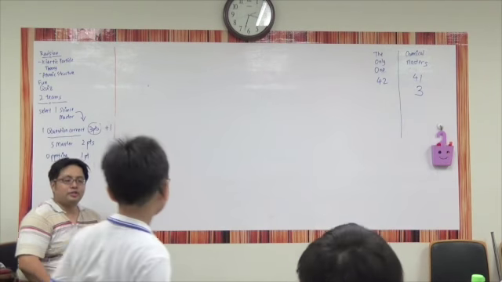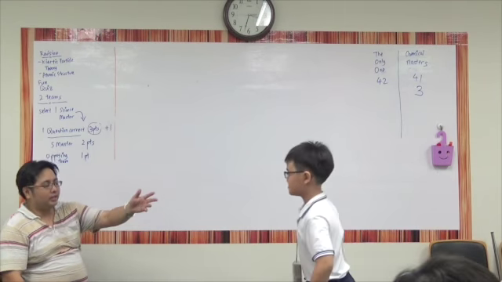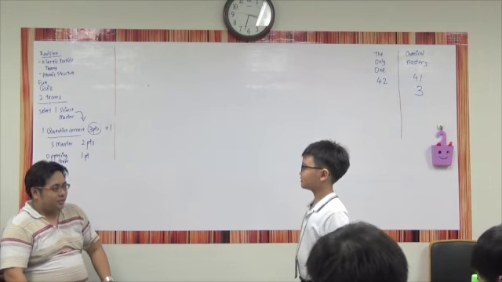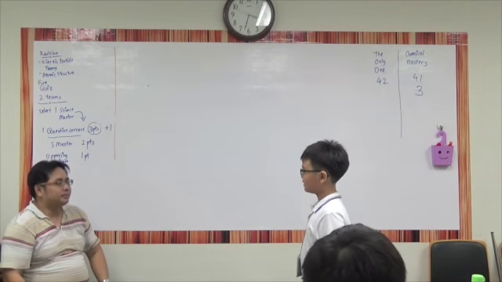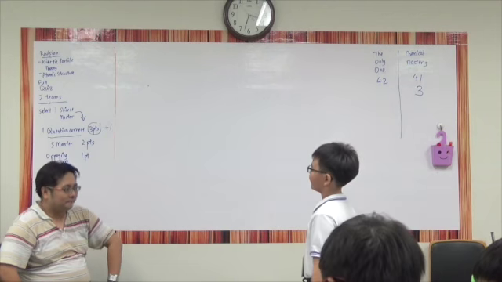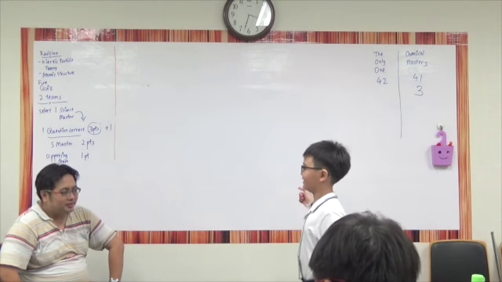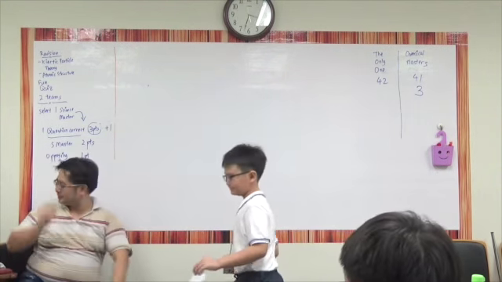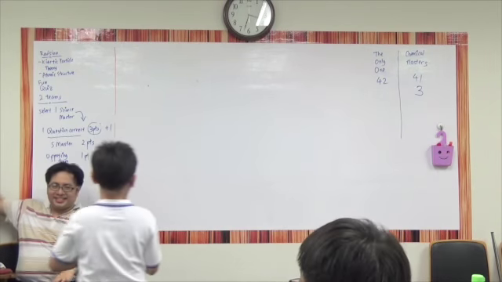Okay, so just now he mentioned covalent and ionic, correct? So can you explain what is ionic bonding? I don't know how to explain.